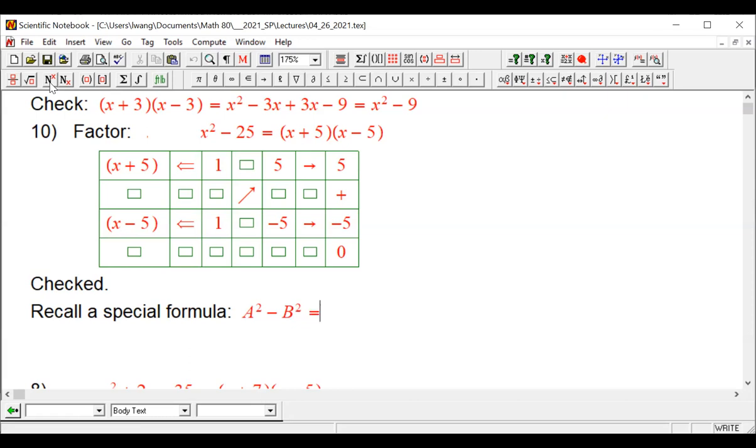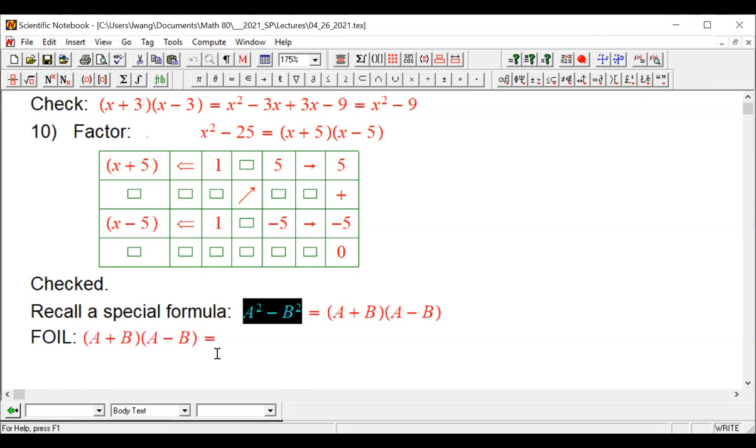You might have seen this before, but if you haven't, no big deal. a plus b times a minus b, no matter what the numbers are. a and b can be any real number. And if you FOIL a plus b times a minus b, you always get a squared minus b squared.